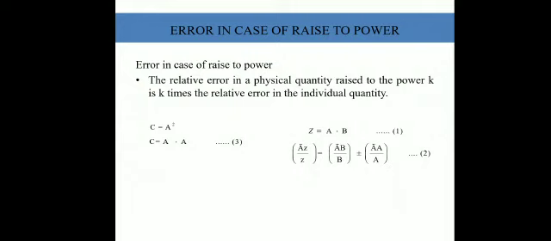So if we write A square as A into A, one property multiplied with the same property or a second property, using this explanation we can directly find the relative error.